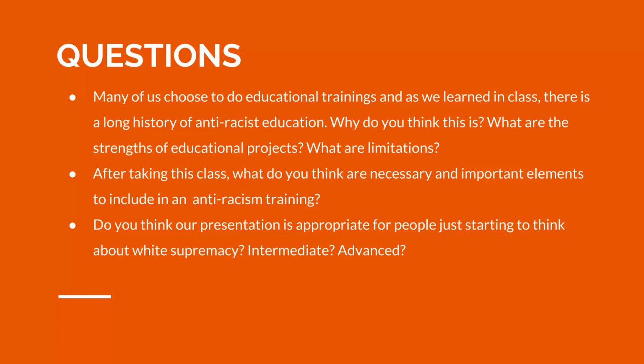So after taking this class, what do you think are necessary and important elements to include in an anti-racism training? I think discussion portions, making sure that people have the ability to ask questions maybe as soon as those questions come up.